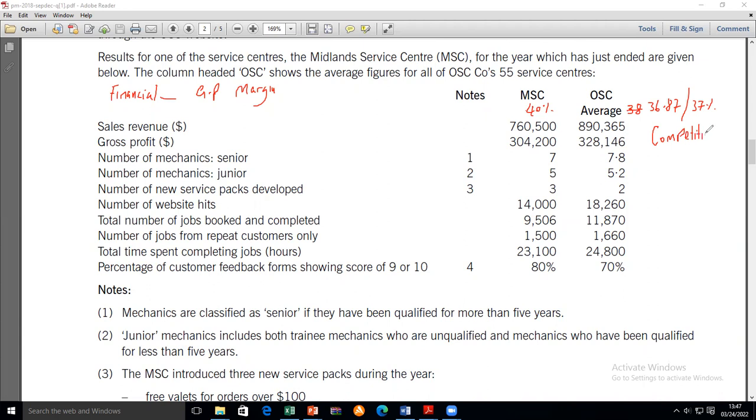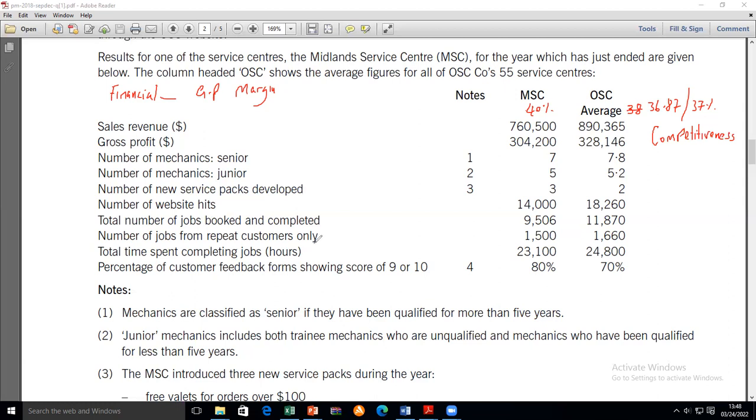Competitiveness. Let's look at the number of jobs from repeat customers. Okay, somebody says you can look at the number of jobs from repeat customers.